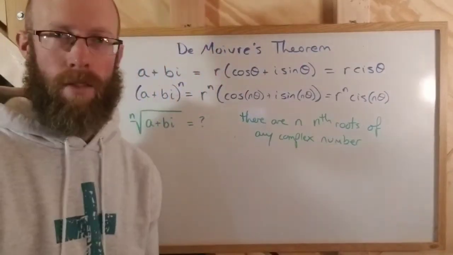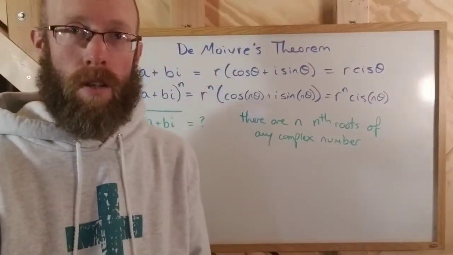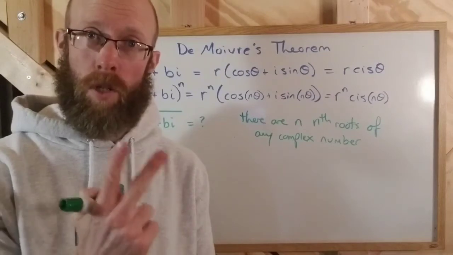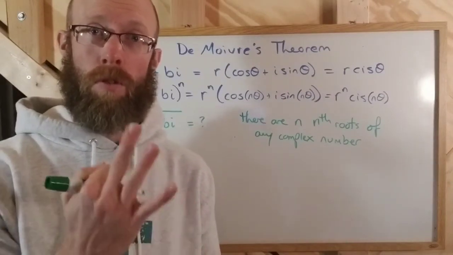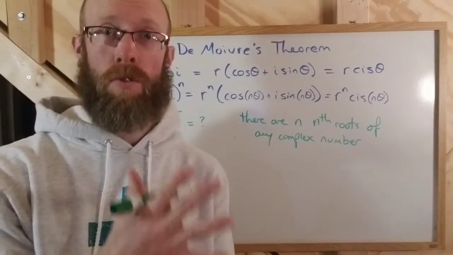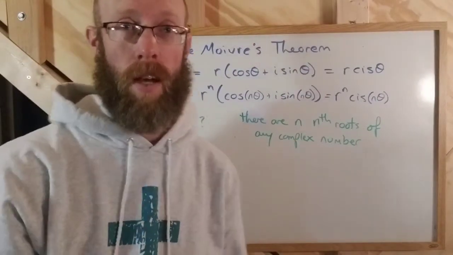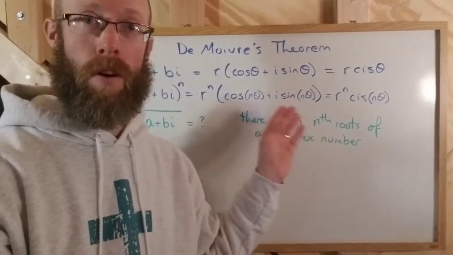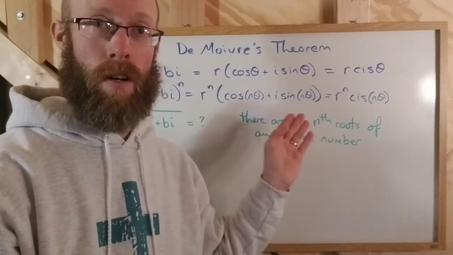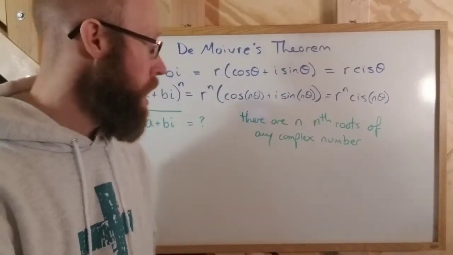What that means is if you're looking for square roots, there's going to be 2 of them. If you're looking for cube roots, there's going to be 3 of them. If you're looking for fifth roots, there's going to be 5 of them. If you're looking for 10th roots, there's going to be 10 of them. Okay? There are 10 tenth roots, and there are 7 seventh roots.